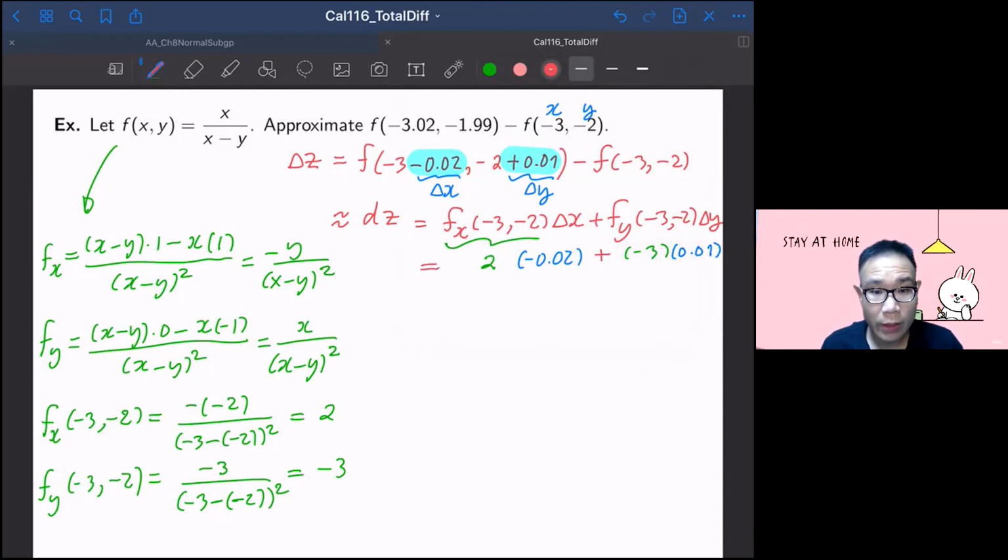Okay, so you see I use the color according to the calculation, and you see that this one will be negative 0.04. And this guy will be negative 0.03, and this approximation that you obtain turned out to be negative 0.07. So it means that you're going to be able to obtain delta z equal to about negative 0.07.